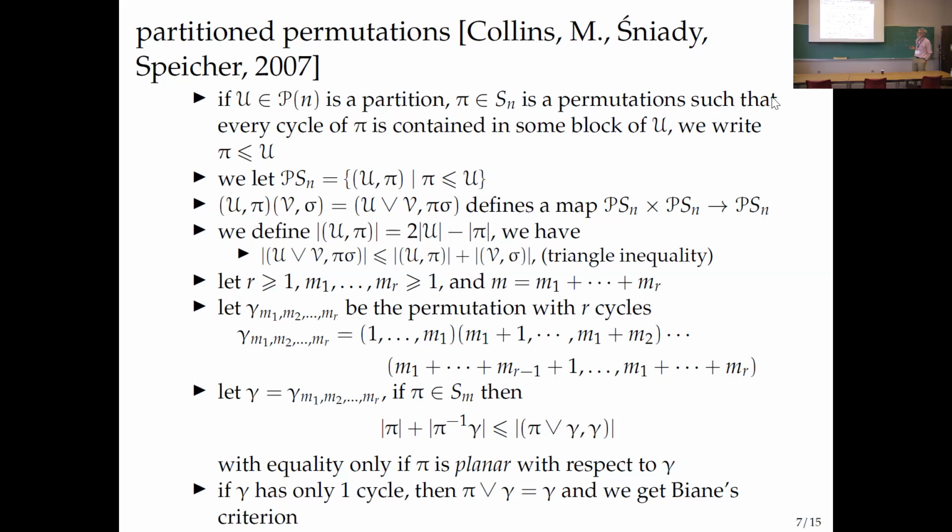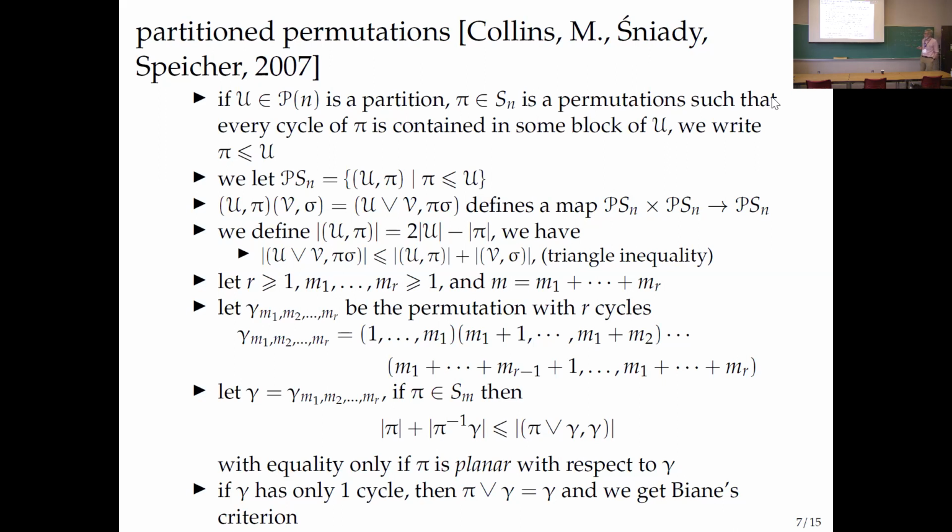When that happens, I just write pi less than or equal to u. I let PS_n be all such pairs. You can define a binary operation where you join the partitions and take the product of the permutations. You have to check that the right-hand side still satisfies that condition, but you can do that.